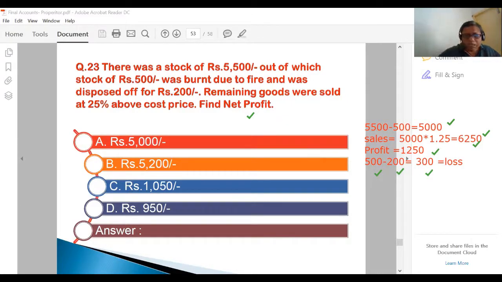So my net profit: I already have a profit of 1,250 minus 300, that will give us 950 rupees.